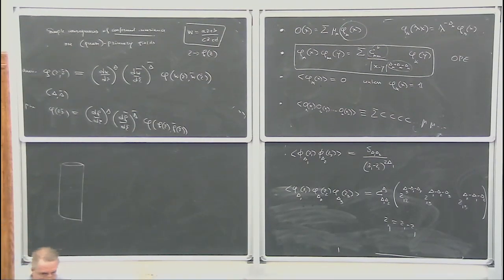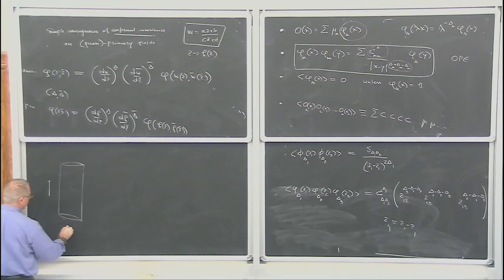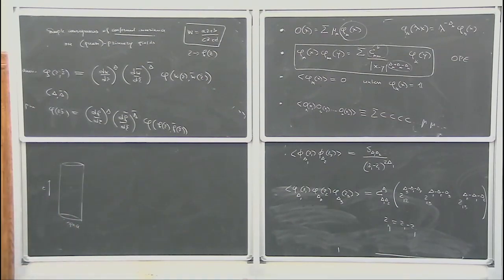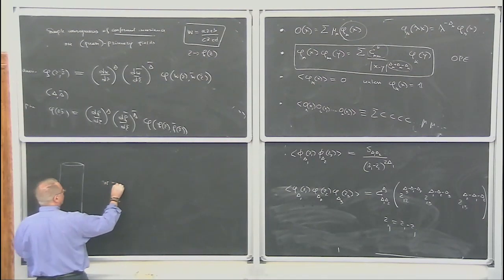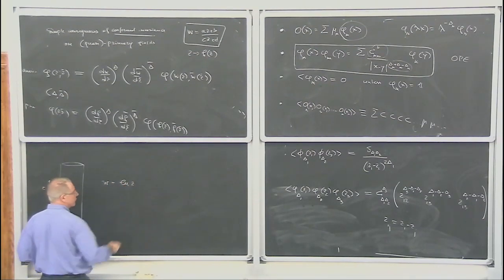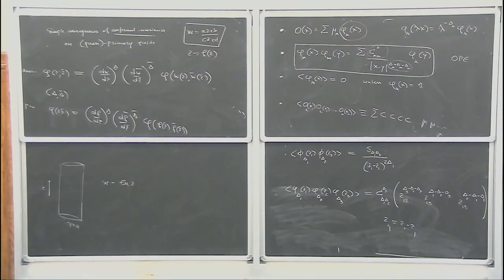It's the logarithmic. Okay? Now, why the cylinder? Because the cylinder, in a very natural way, is the interpretation of space, let's say space coordinate, and time. Okay? So I'm going to use something like omega is equal log of z as a map.